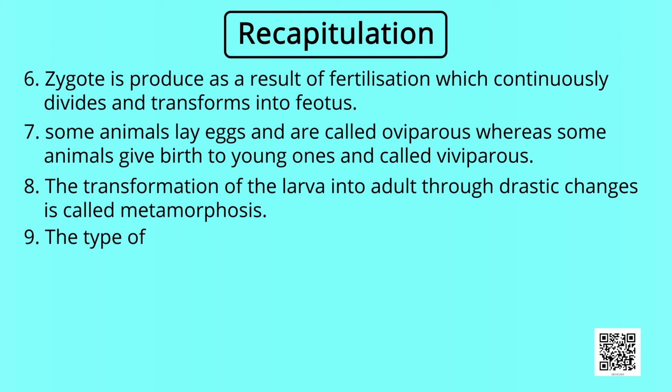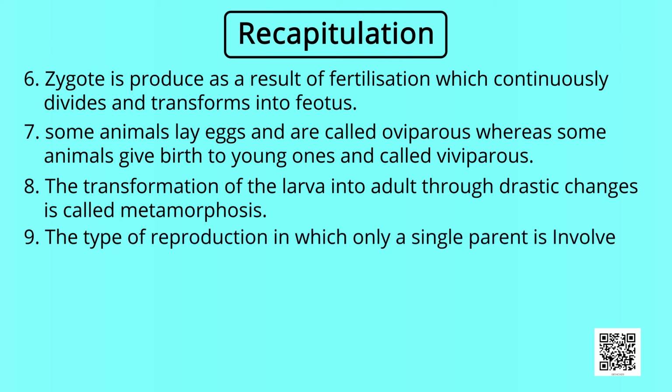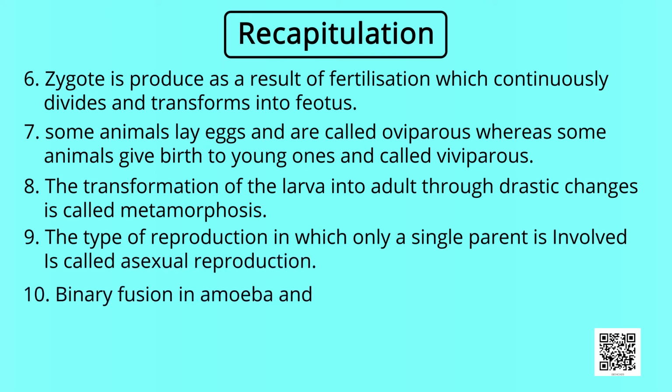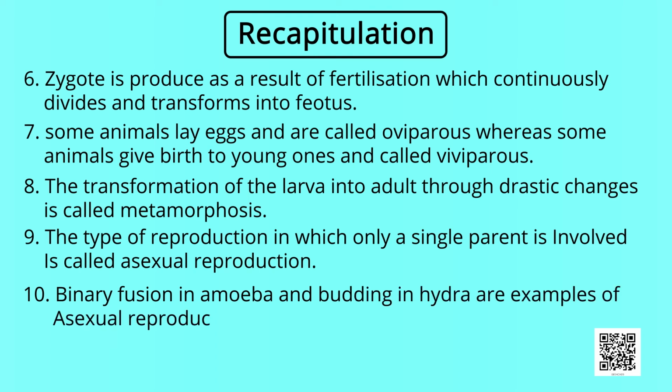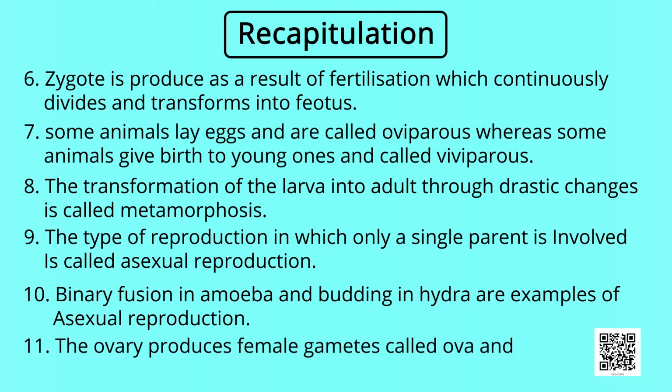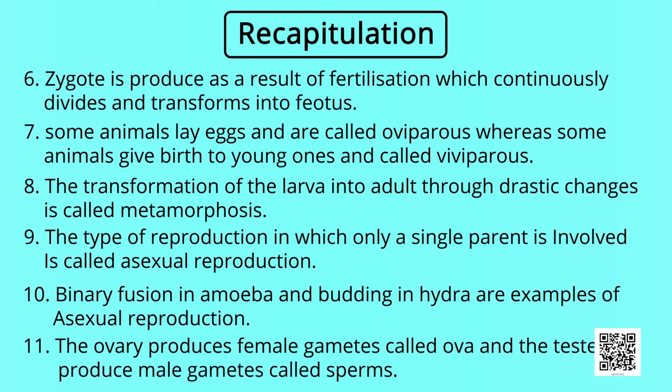The type of reproduction in which only a single parent is involved is called asexual reproduction. Binary fission in amoeba and budding in hydra are examples of asexual reproduction. The ovary produces female gametes called ovum and the testes produce male gametes called sperms.